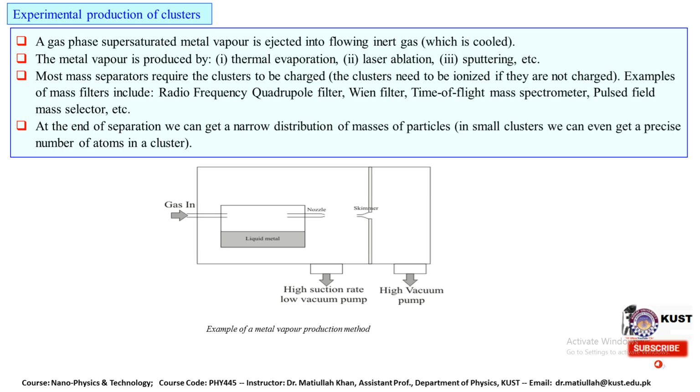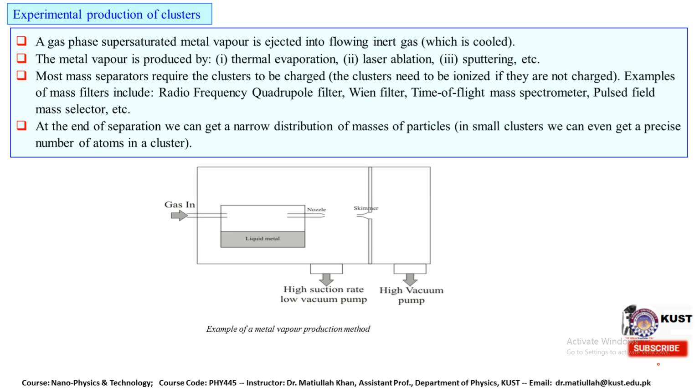So experimental production: how can we experimentally produce the clusters, and what is the way to produce them? This is actually the example of the metal vapor production method, where a gas phase supersaturated metal vapor is ejected into flowing inert gas, which is cooled.